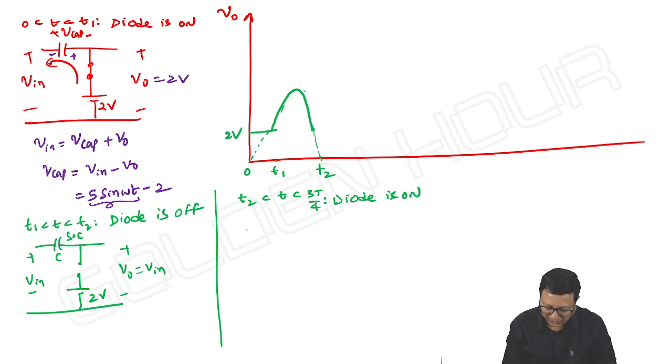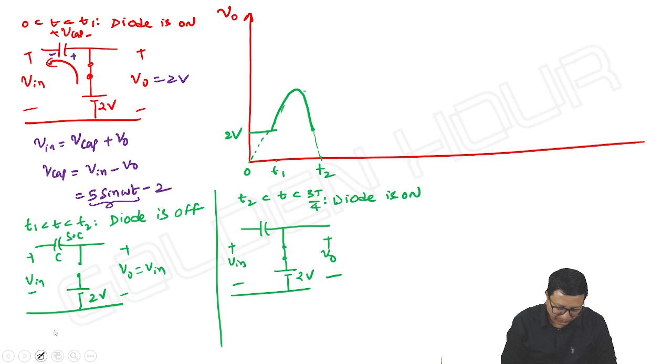As the diode is on, the equivalent circuit, if we take it, again has the capacitor starting to charge with polarities this way.